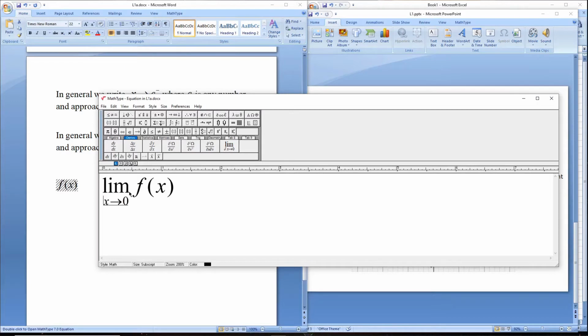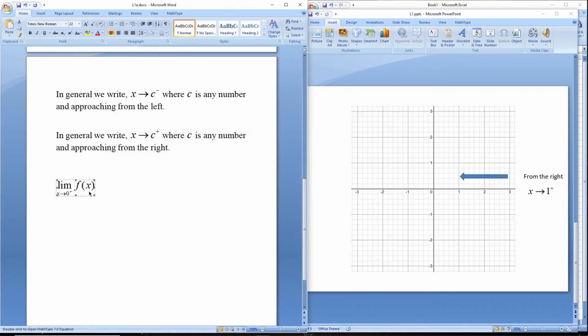So right here I have the limit of our function as x approaches 0, and I'll say from the right. And so this is putting all our notation together here. This is the notation for the limit. So we stick on the lim and the approaches right in front of the function notation.